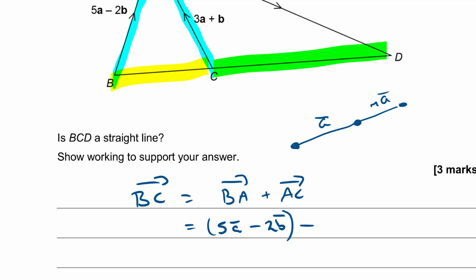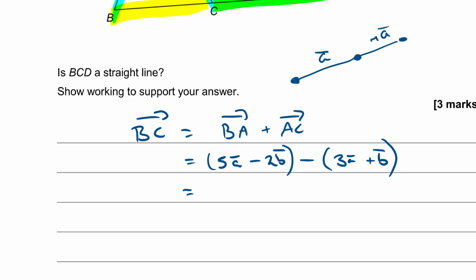So minus 3A plus B. Okay, so then just collecting like terms, I've got 5A minus 3A, which gives me 2A, and I've got negative 2B subtract B. So negative 2B take away another B is negative 3B. Just take care with minus signs and brackets. So that gives me 2A minus 3B for B to C.